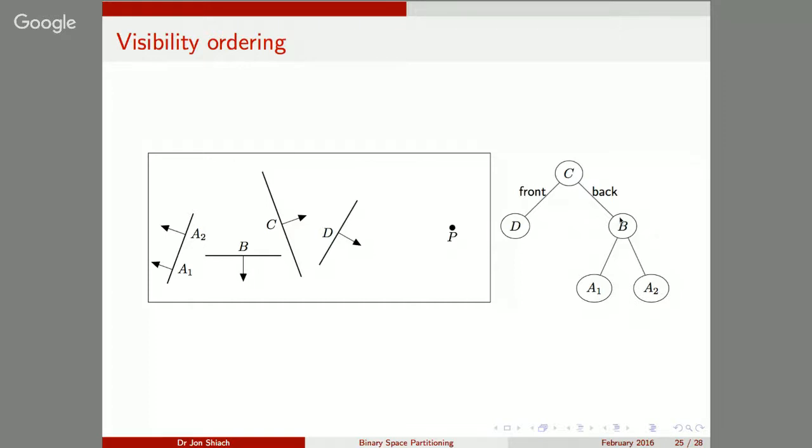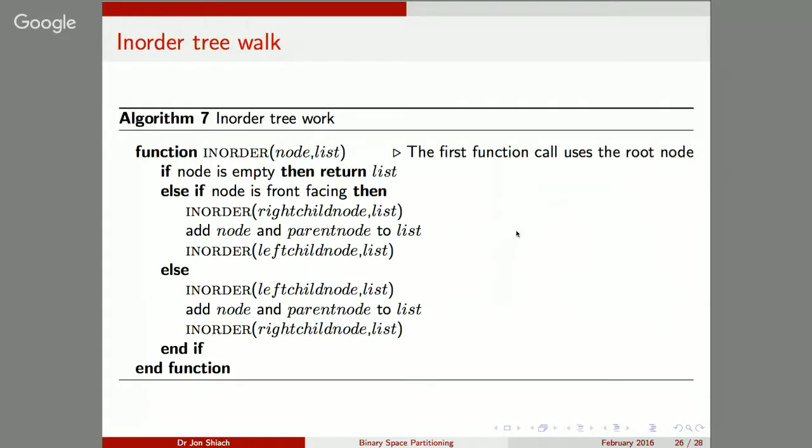But its parent's already been added, so we add its parent. So we've added A1, B, A2, and then C. And then we go down the other subtree, and finally we add D. So this is algorithm 7. It's what we call an in-order tree walk.